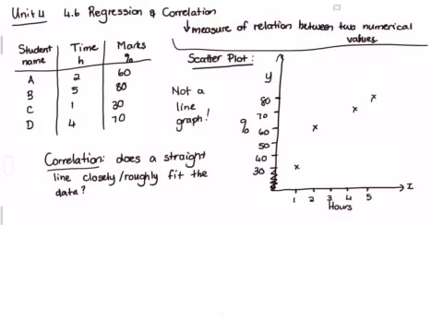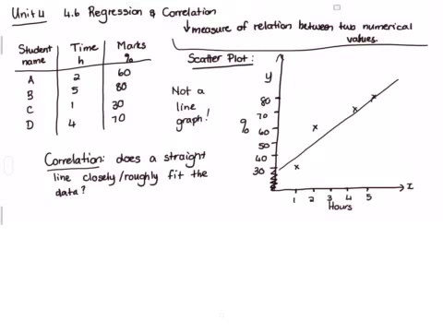Here I'm just going to have a look and say, well, I could roughly, and remember this is just roughly, this is not what we call my line of best fit. They do sort of roughly lie around, clustered around a straight line that is increasing.